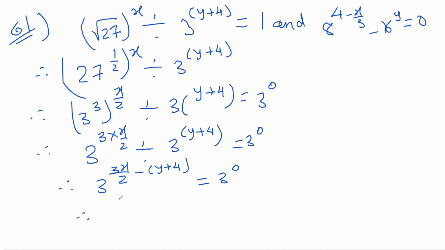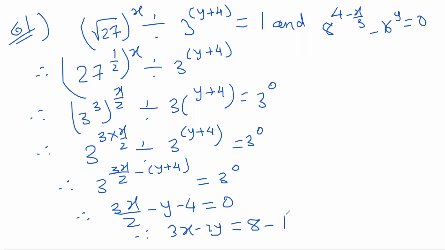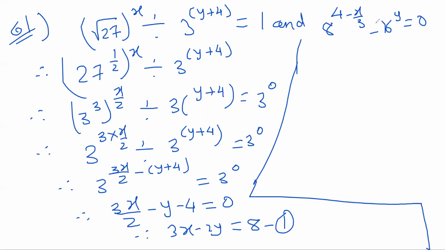So basically we get 3x by 2 minus y is equal to 0. So the final equation will be 3x minus 2y is equal to 8. Agreed? Yes, sir.